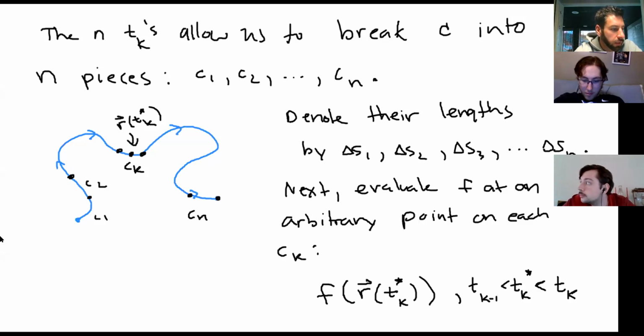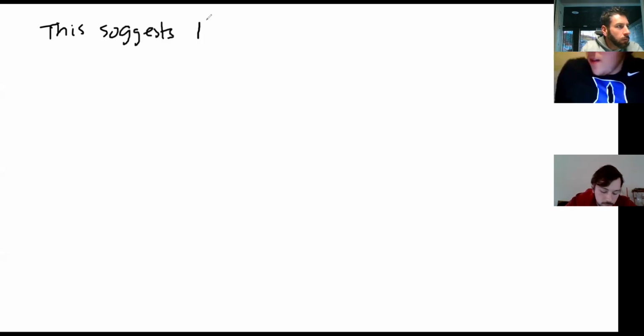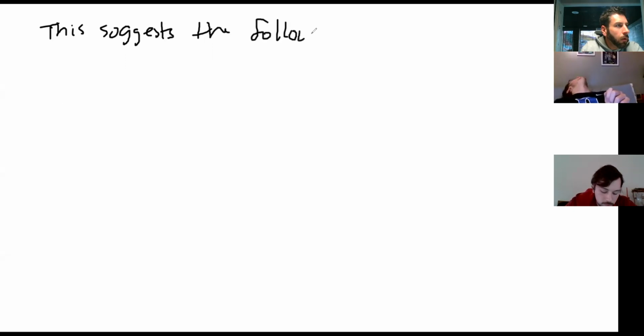Okay, so here we go. Fun times at calculus. We can now make a definition that has some physical intuition, albeit it's hard for us at this level to get the physical intuition for it. So this suggests the following definition.